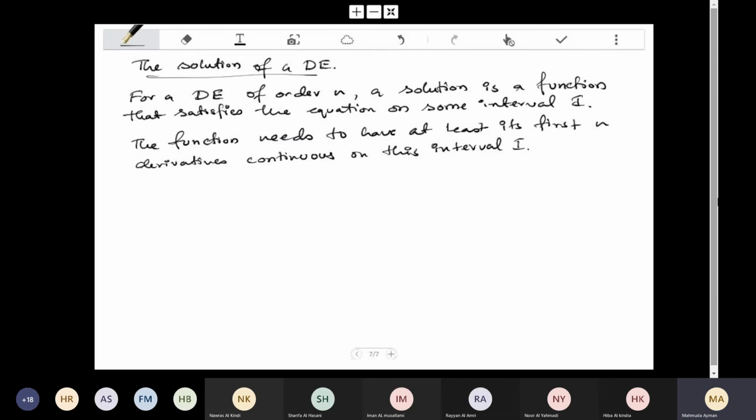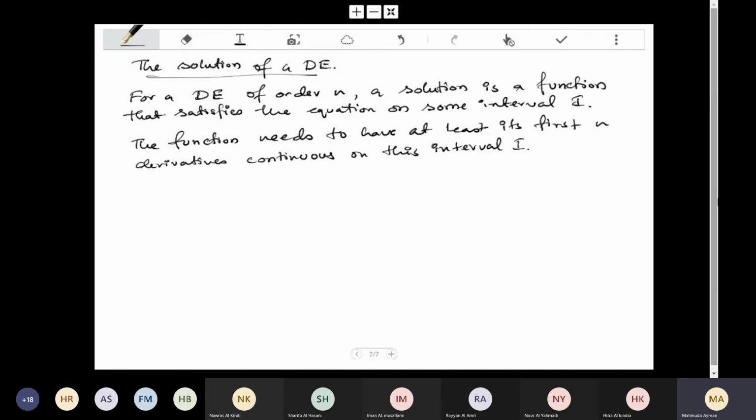We want some type of a curve or a function that satisfies the differential equation. And if we are trying to solve an equation of order n, then we will need to have its first n derivatives continuous on that interval.